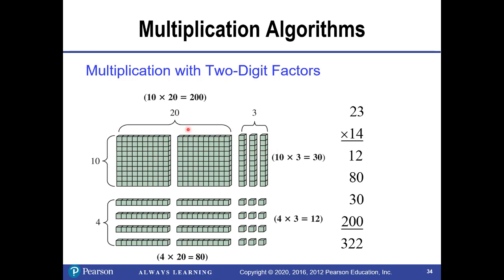Now you're asking yourselves why I'm using flats rather than longs. That's because that relates to what we did previously when we just multiplied everything by 10. And then down the side we have 10, 14. And then when we count all the pieces together, and if we were doing all sorts of trading, we would end up with 322.